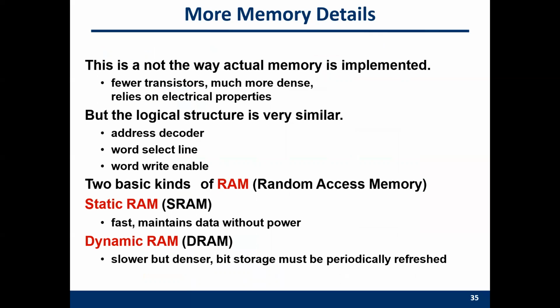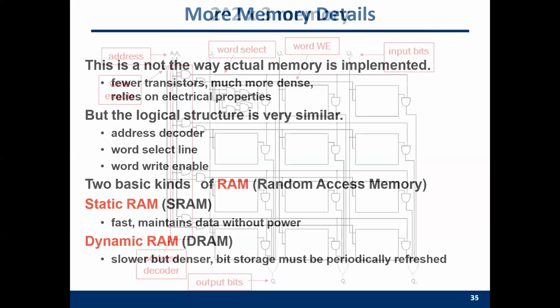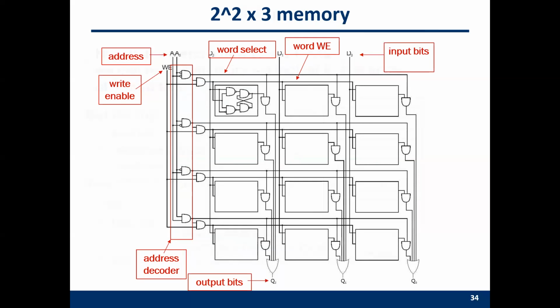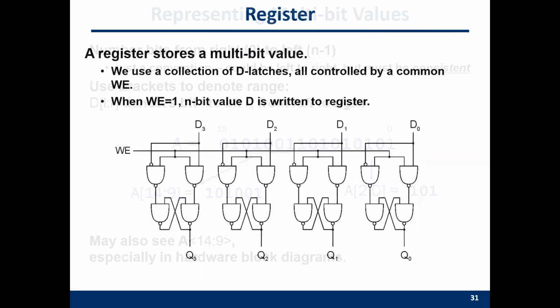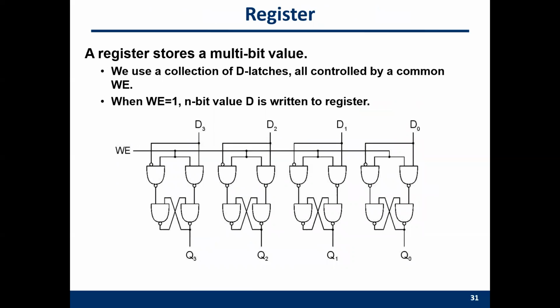We have two types of major memory. One is SRAM, the other is DRAM. SRAM uses a lot of transistors in one cell, so the density is low, because one cell will contain maybe six transistors.